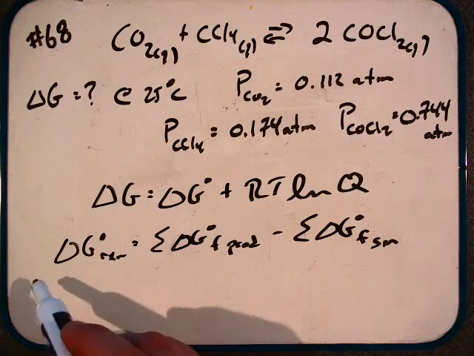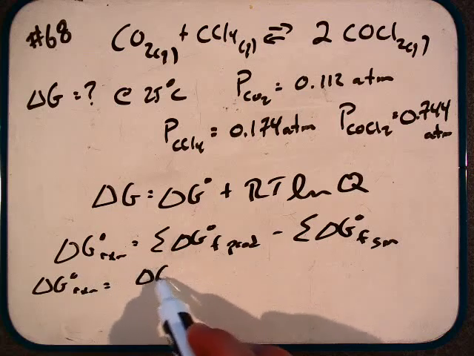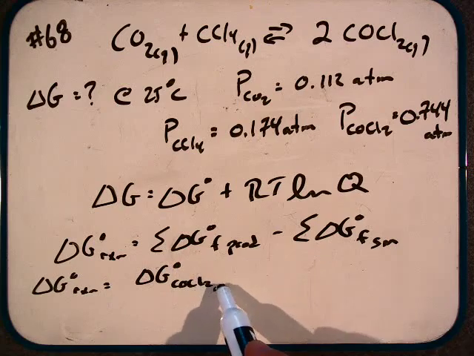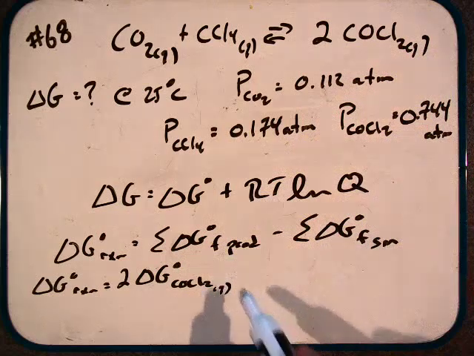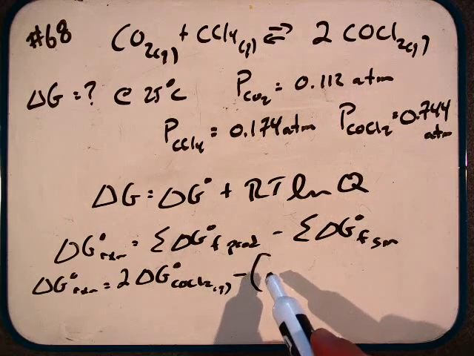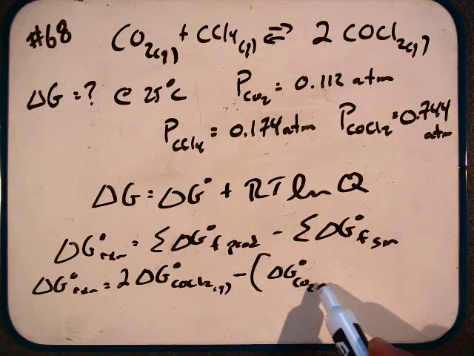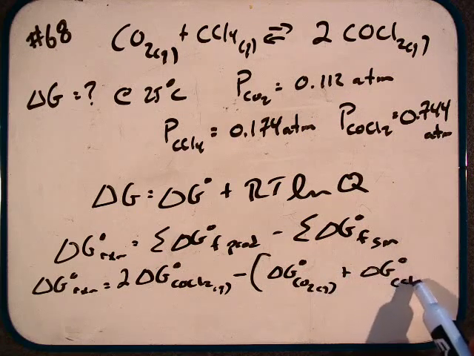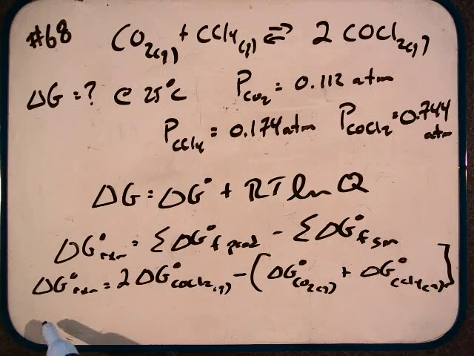The delta G of the reaction would be equal to our delta G for COCl2 as a gas, and we would need to take 2 times that based on our stoichiometry. We then subtract off our starting materials, which would be the delta G for our CO2 as a gas plus the delta G for formation of our carbon tetrachloride as a gas.